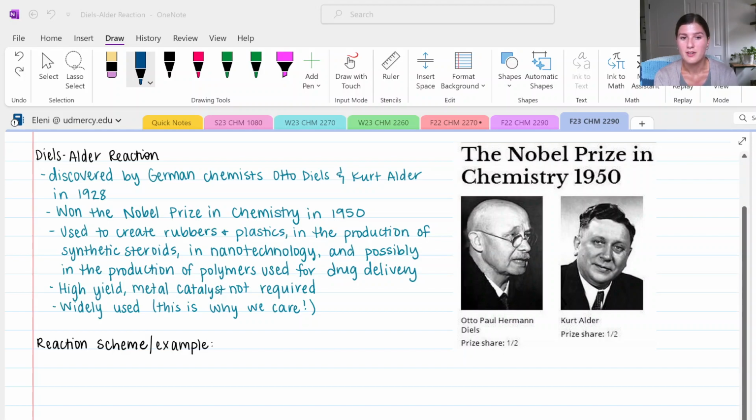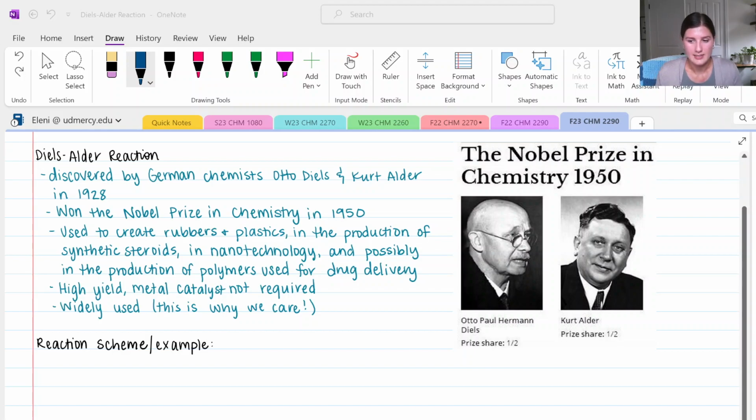For a lot of carbon-to-carbon bond creating reactions, a metal catalyst is required, and we'll certainly talk about those types of reactions this semester. But the Diels-Alder reaction is special in that it doesn't require a metal catalyst, so it's a simpler reaction to carry through.